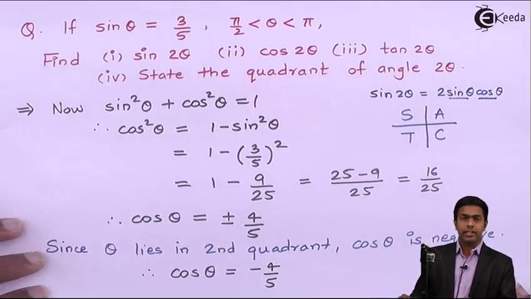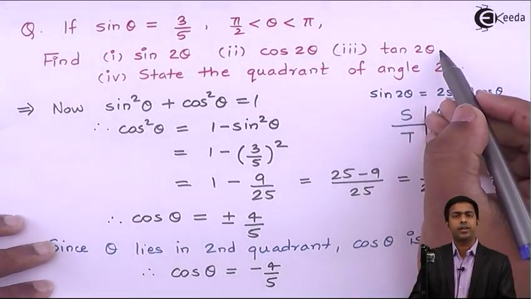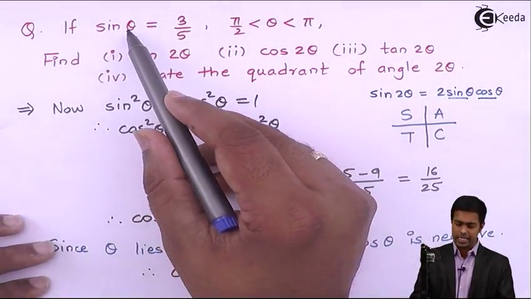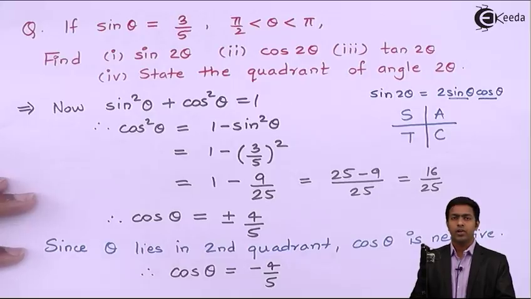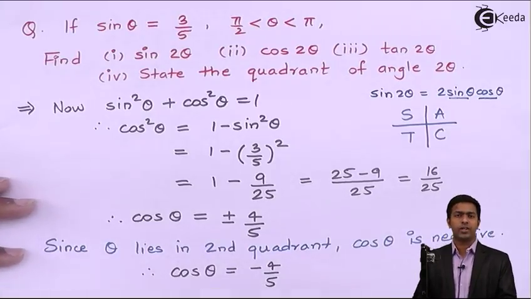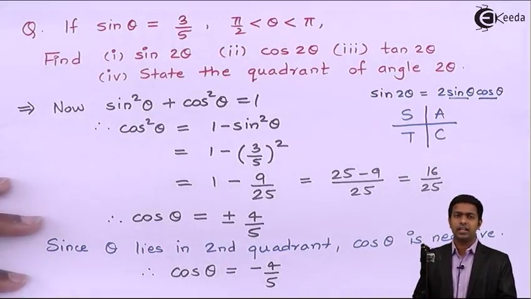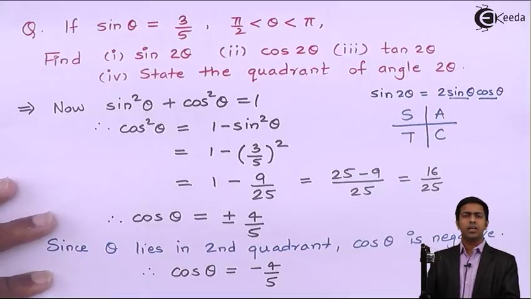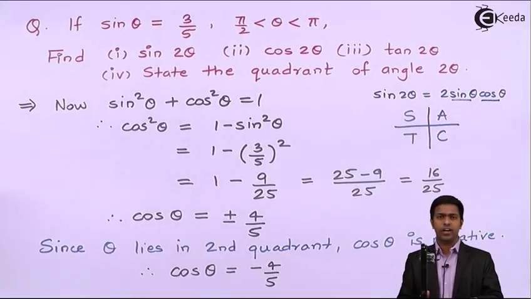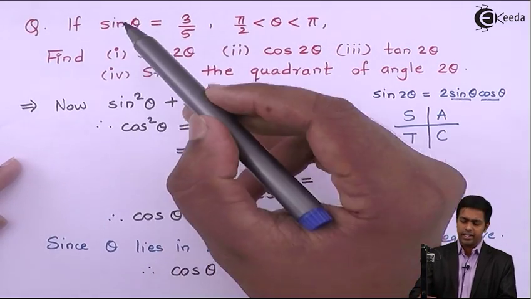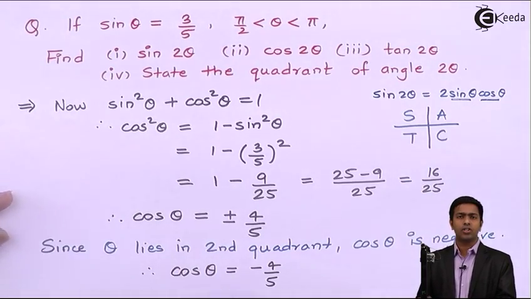Now let's find out the value of tan 2 theta by using the values of sin theta and cos theta. So what is the formula for tan 2 theta? We know one formula of tan 2 theta, but it has a tan theta term. So tan 2 theta is 2 tan theta upon 1 minus tan square theta, and for that we have to find out the value of tan theta. So let's find it out. For tan theta I will divide the sin theta by cos theta.